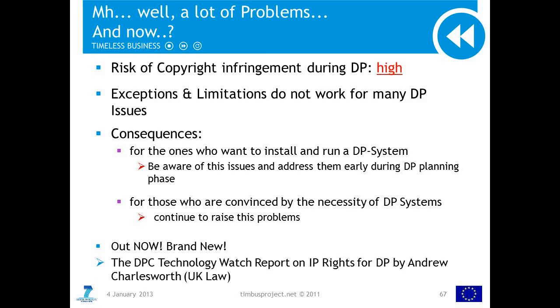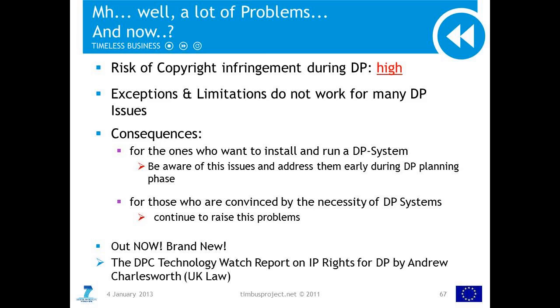The first consequence is, of course, if you want to run or install a digital preservation system, it's good to know about copyrights. You have to be aware of who the copyright holder is.